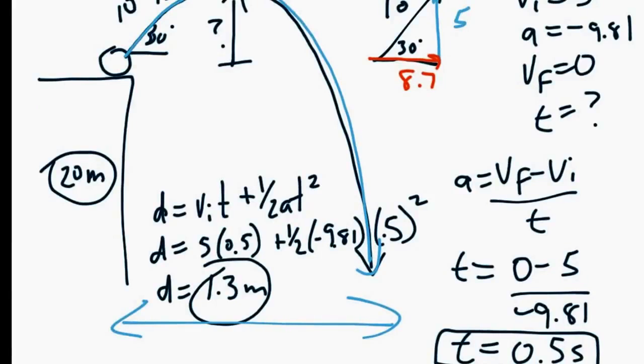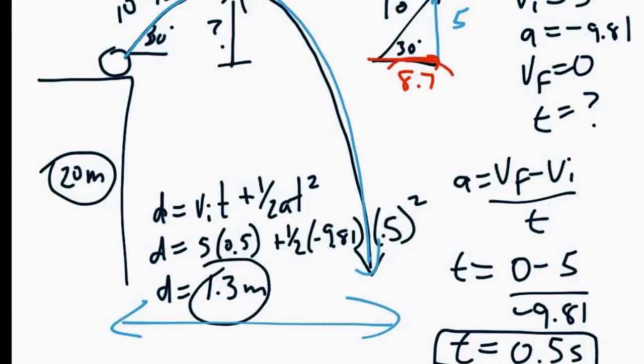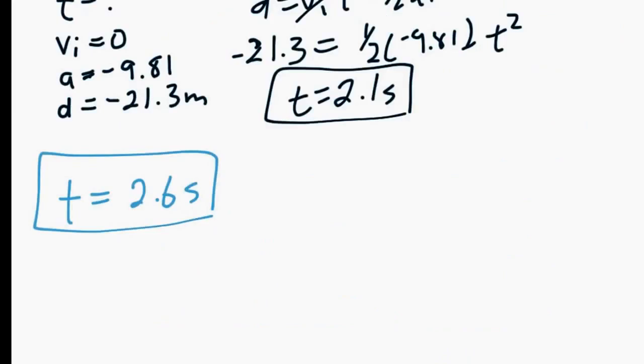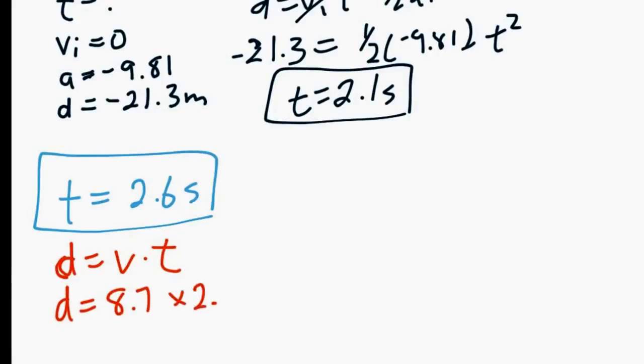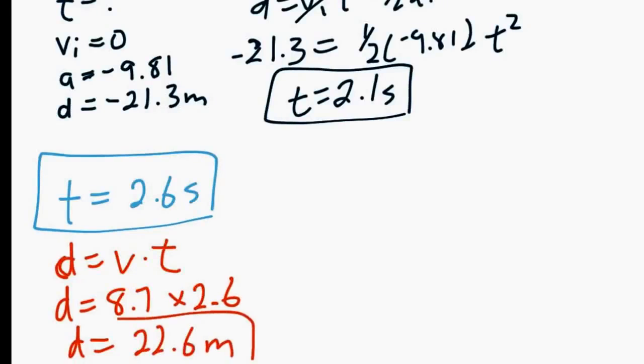So we can go back to this again. We'll need the horizontal speed, which we calculated was 8.7. So our velocity was 8.7, so now we can calculate our horizontal distance by just going 8.7 times that total time of 2.6. And we're done the question. And that gives us a total distance of 22.6 meters.